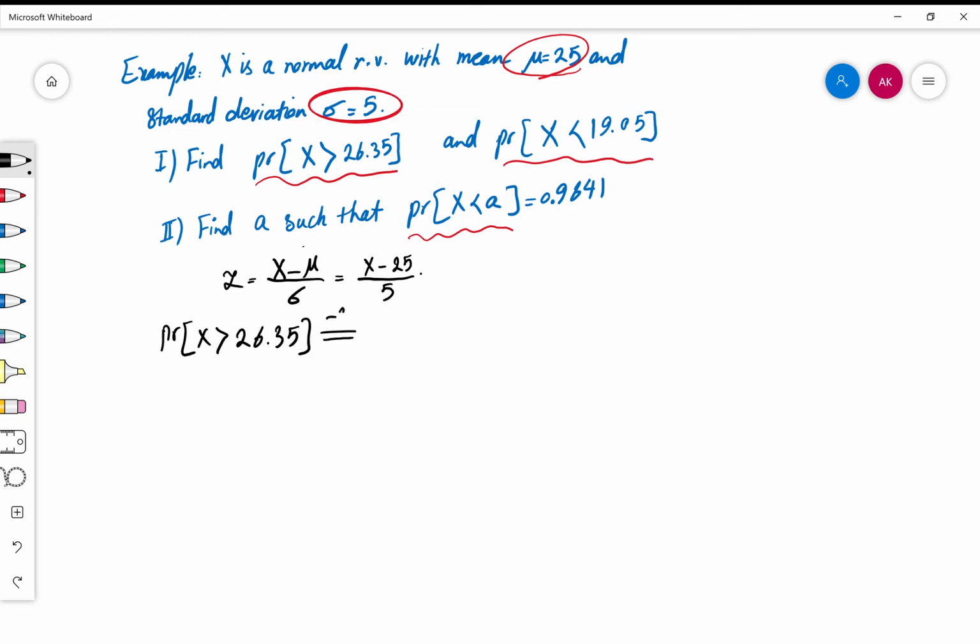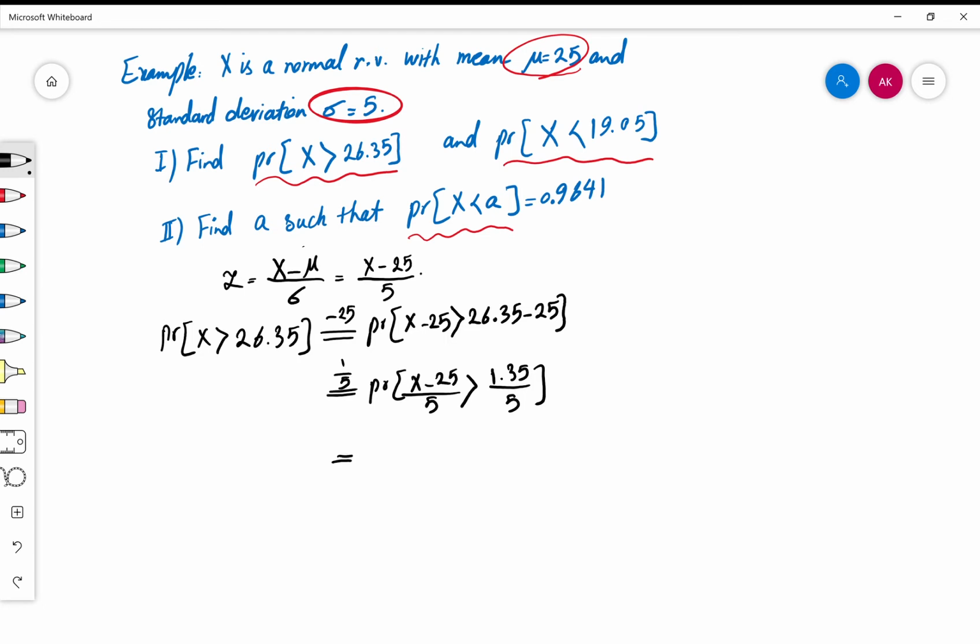So let me subtract first 25, probability of x minus 25, but I have to subtract the other side also 25, okay, and then divide both sides by 5. This is the probability of x minus 25 divided by 5 bigger than, well, 26.35 minus 25 is 1.35 over 5.